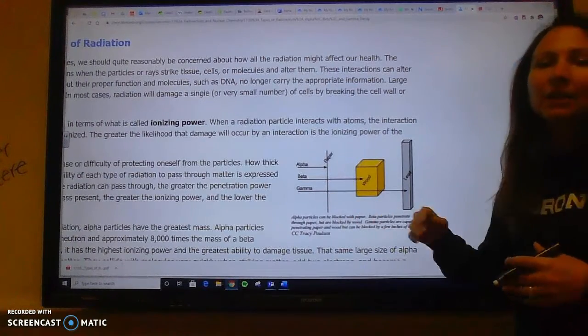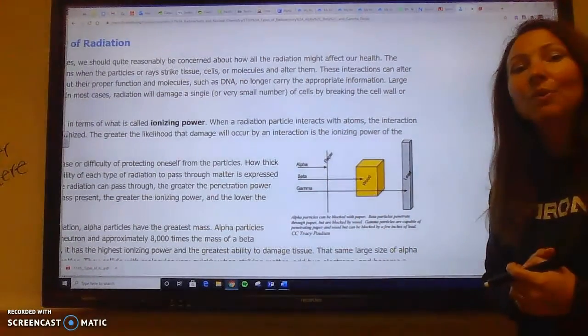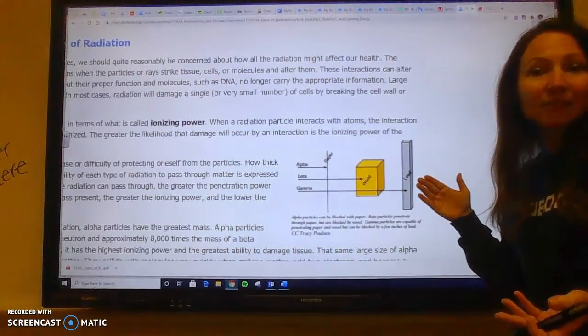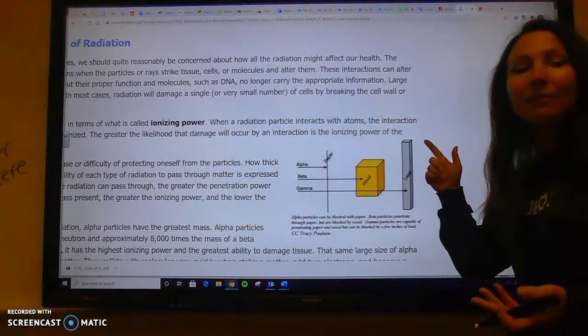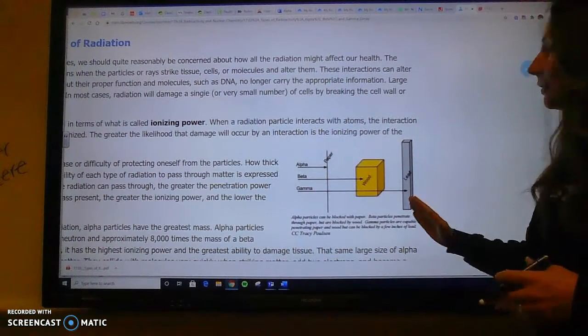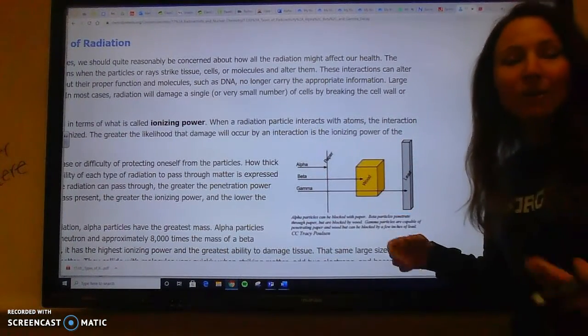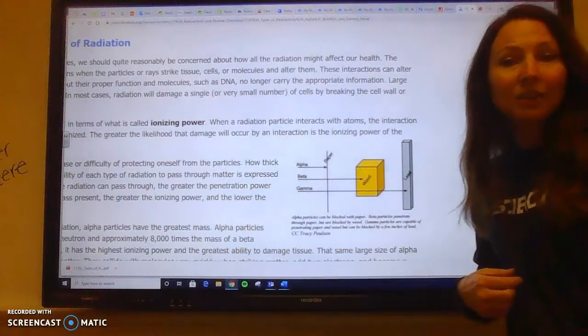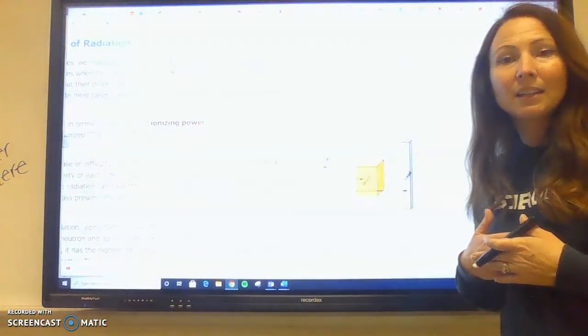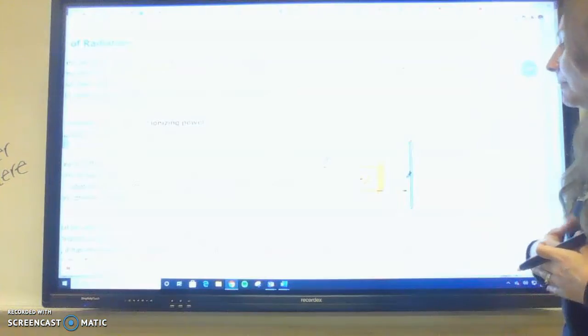For gamma radiation, that one is pure energy, and you are going to notice that it's like X-rays, and it can't be stopped by anything except for a really thick amount of lead. So whenever you get X-rays, that's why you have to wear the lead vest, or the technician doing the X-ray is wearing that lead vest. That's because that's the only thing that can stop the radiation, okay?